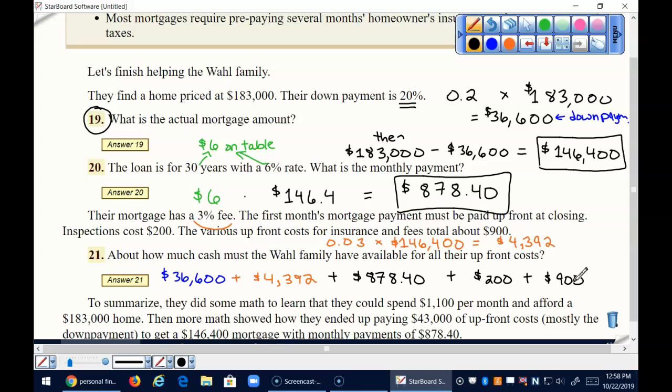Did I miss anything? I think that's all. So what did we get? 36,600. 42,970 and change. Oh, come on.